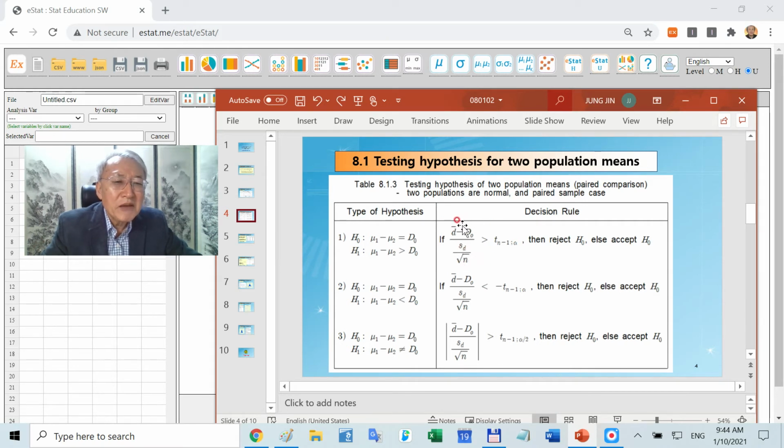It is the same as a single test about the population mean. This is the test statistic, and it follows a t distribution with n minus 1 degrees of freedom. Depending on the alternative hypothesis, we consider right-tail, left-tail, or two-tail cases.